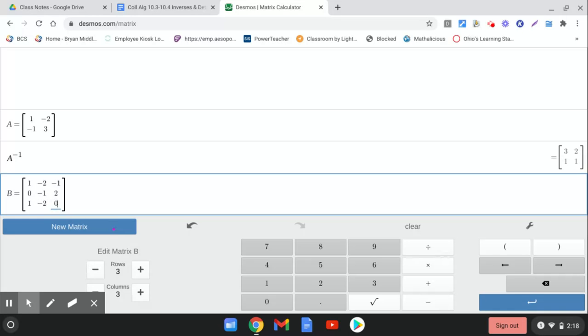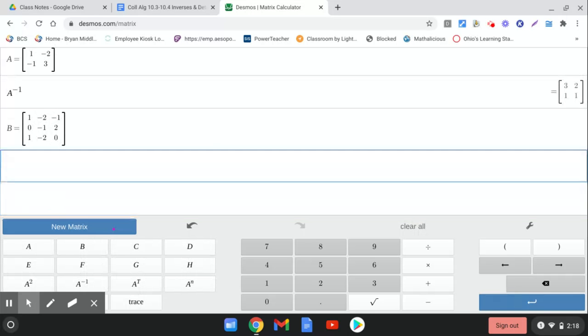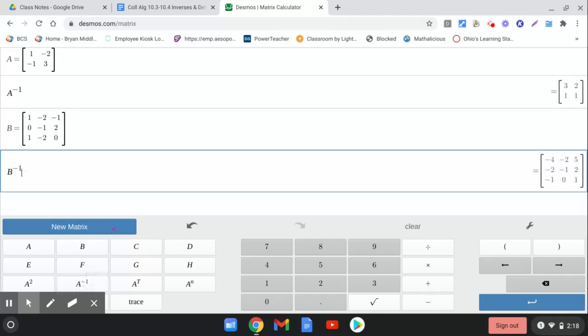So that's matrix B. We'll hit enter. And then we want to take matrix B and do the inverse of it, and there it is. So we will show in the next video what we can do with these inverse matrices. Right now we're just using Desmos to find them. In the next video we'll get to some applications.